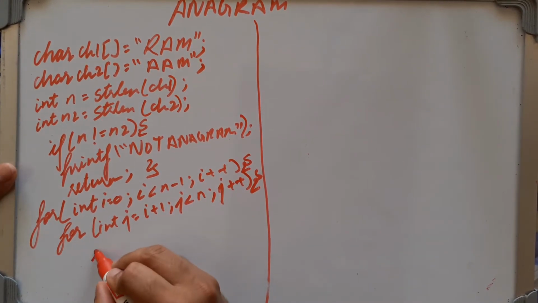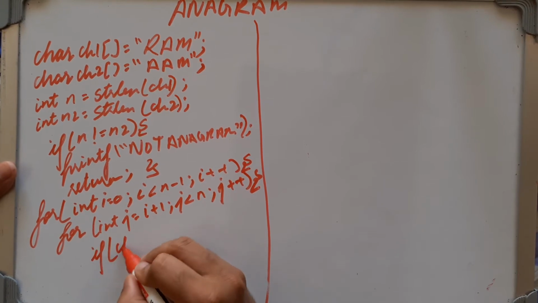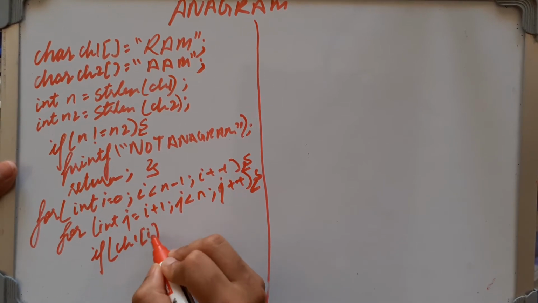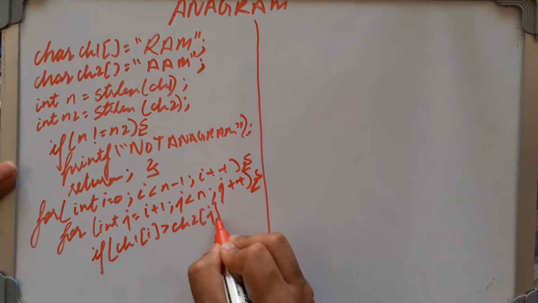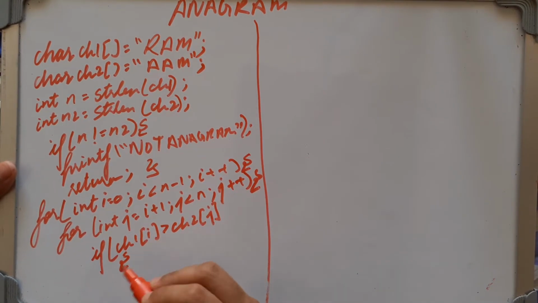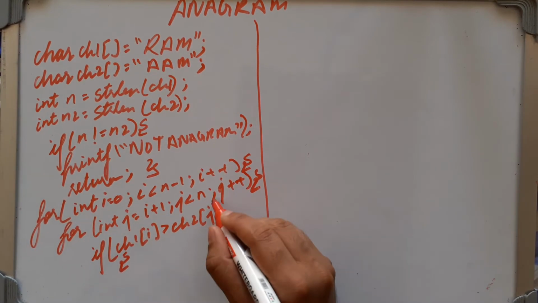Now you have to do, if ch1 of i is greater than ch2 of j, then you have to switch their values.